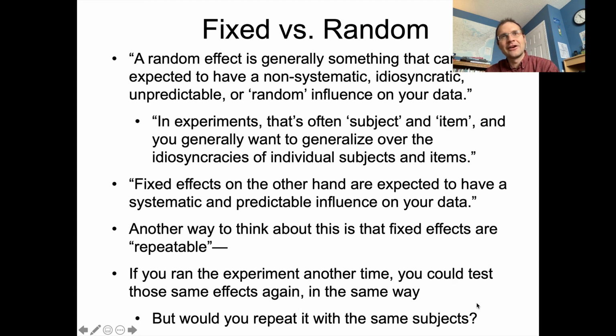Because again, you're not caring about how this particular set of speakers produce this, or I don't need to know exactly how Susie does it. I just want to know whether this external factor of place of articulation has an effect on VOT. So you would wind up sampling the same levels of place of articulation when you do that, but you wouldn't necessarily sample the same individual subjects to run the experiment again.